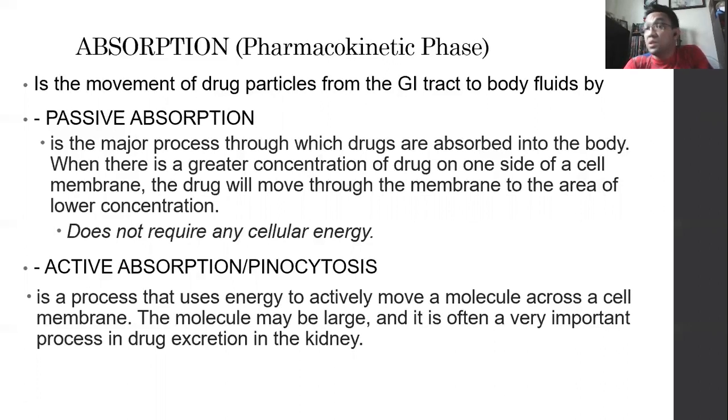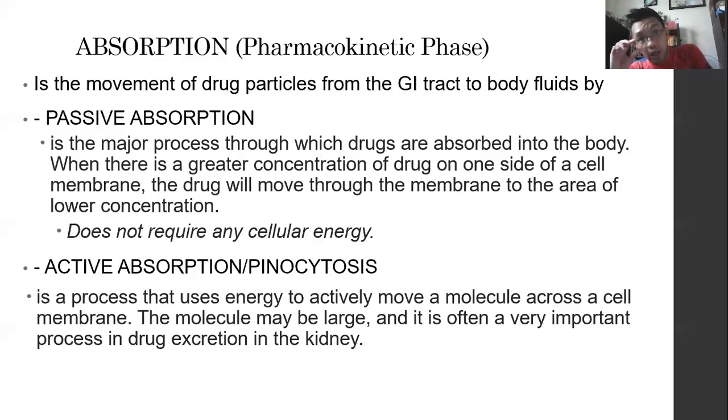This is the same as diffusion, wherein if there is a greater concentration of a drug on one side of a cell membrane, the drug will move through that membrane from an area of higher to lower concentration. And this does not need any cellular energy in the form of adenosine triphosphate, or ATP. I'm sure you've learned about ATP before in biochemistry and anatomy and physiology.